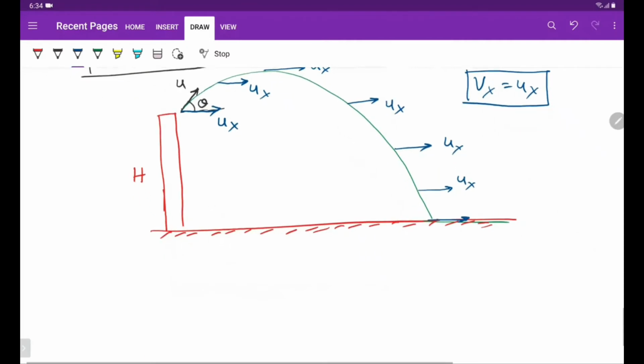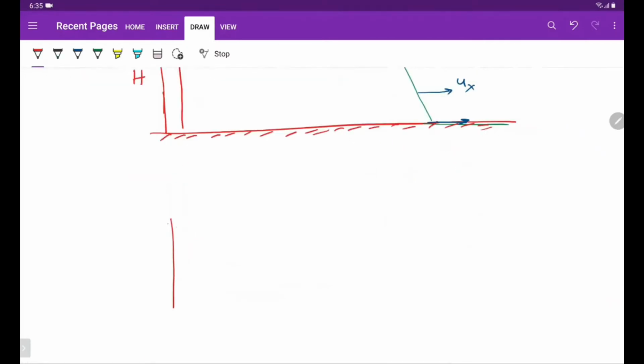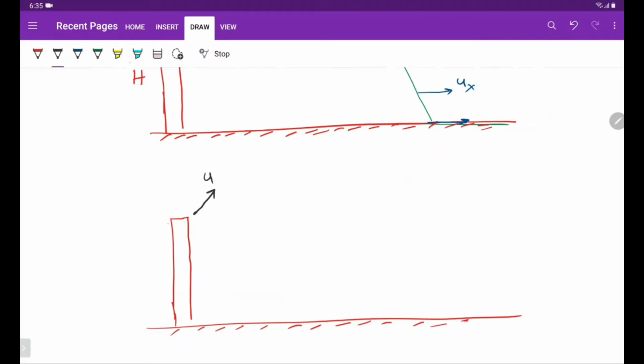Now in the above situation, the particle will follow this path again, but we are discussing the vertical component. The x component is Ux. Now we discuss the y component, Uy.